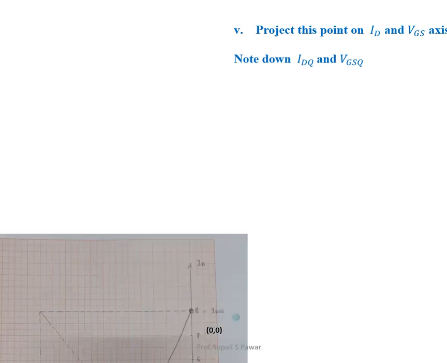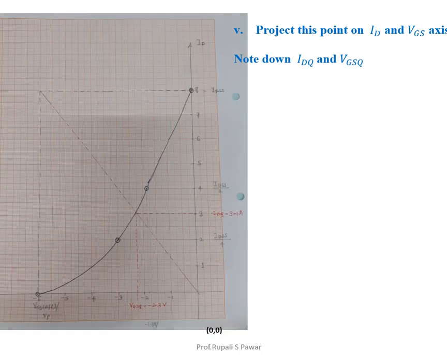Project this point on ID and VGS axis and note down IDQ and VGSQ. So here, as you can see, IDQ is 3 milliampere and VGSQ is minus 2.3 volts.